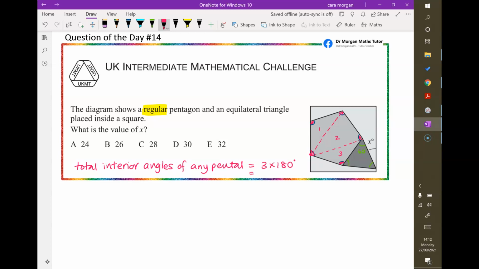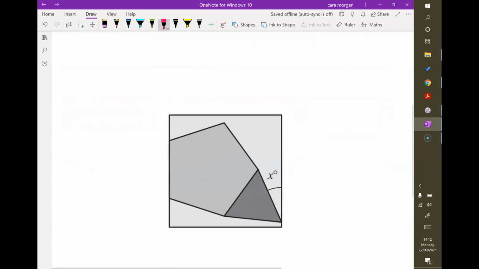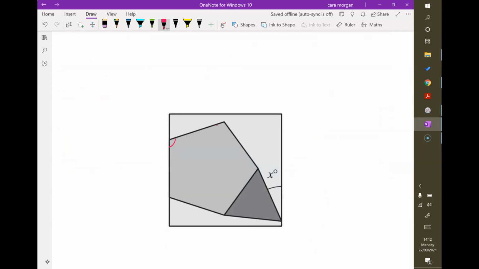With a quick calculation, I can work out that that is 540 degrees. So that is going to help me figure out what each interior angle of my pentagon is. All I need to do is divide 540 by 5, and I should get 108 degrees. So that might be quite useful information.